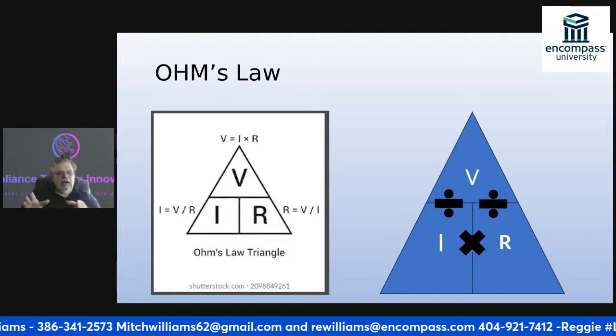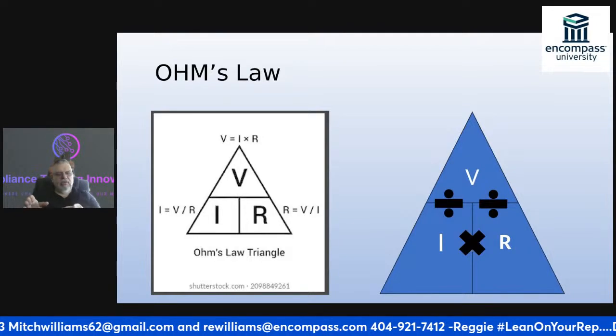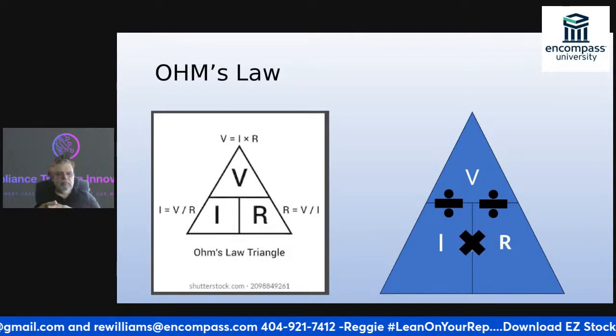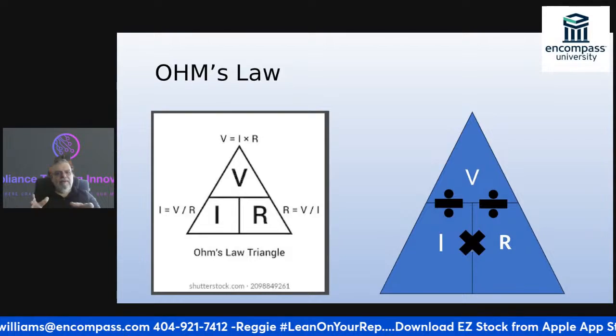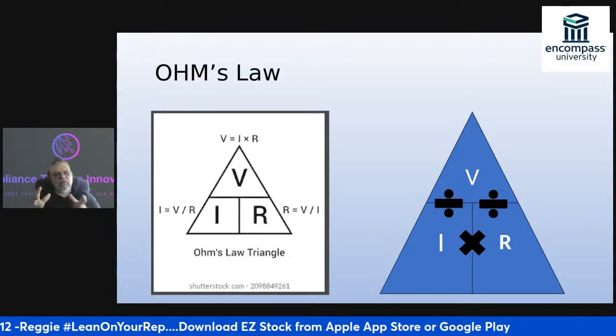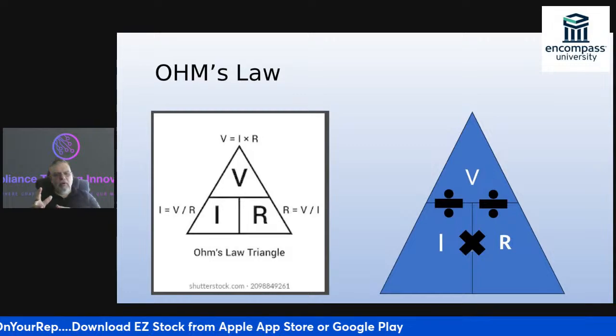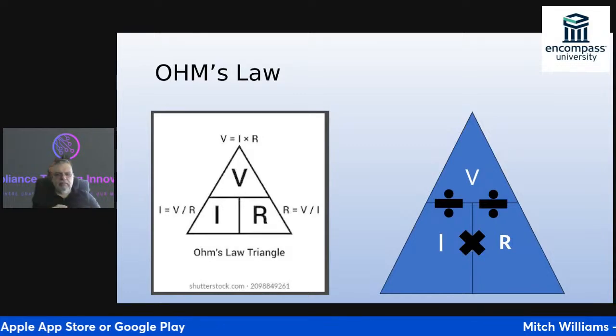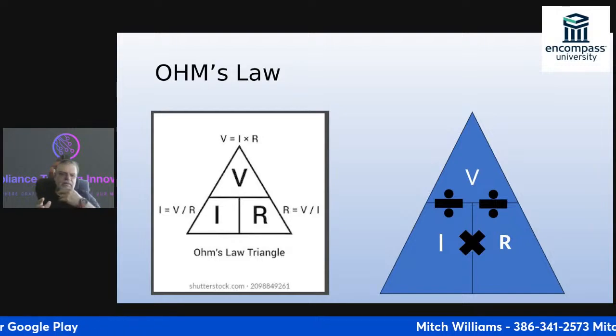I can figure out exactly what the other component should be. V equals I times R. I equals V over R. And R equals V over I, I'm sorry.